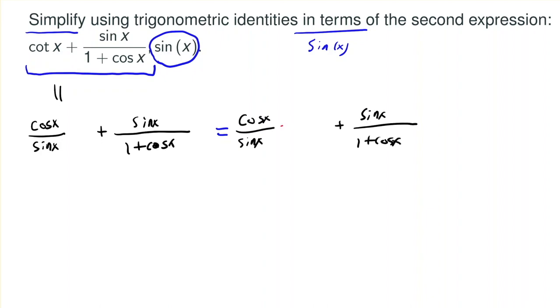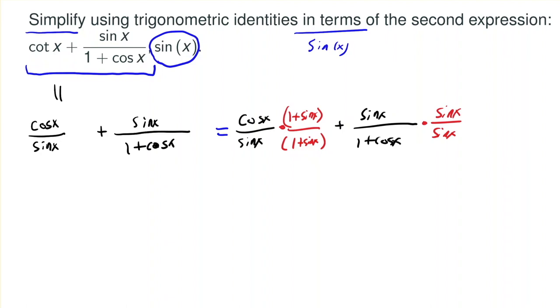I'm going to multiply here by 1 plus sine x in parentheses over 1 plus sine x in parentheses. Now this is the same thing as multiplying by 1, so we're not changing the quantity of the expression. We're only making it look different. And here I'm going to multiply by sine x over sine x.